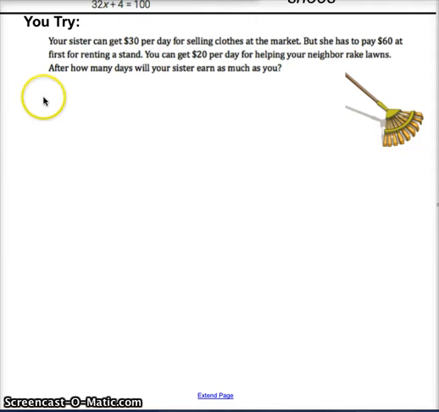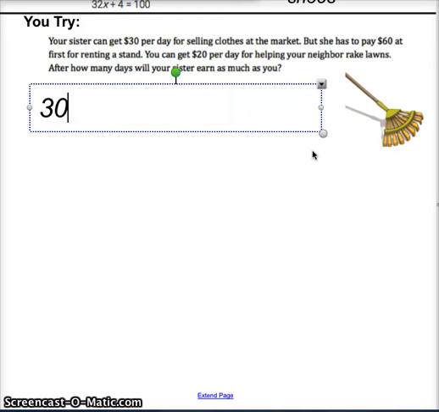Okay, so let's start with your sister first. She can get $30 per day. So x is the amount of days here. But then she has to pay $60 out of pocket for the rental. So that's the $60 she's actually losing.